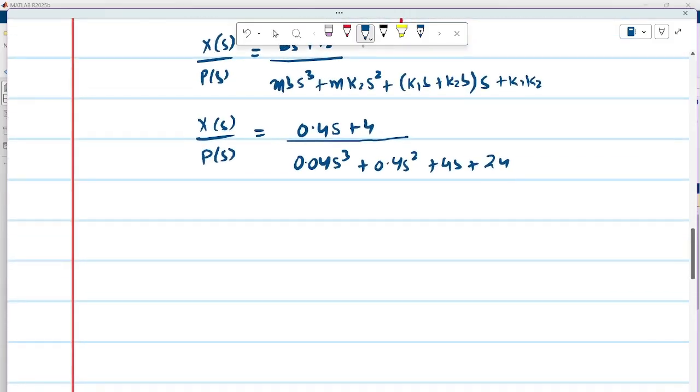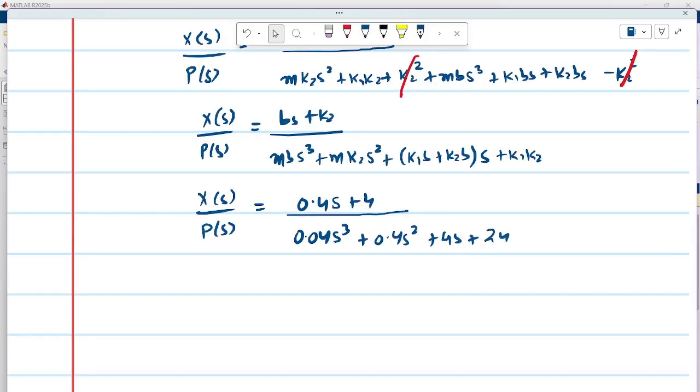So this is what you have here. You can take 0.4 as common, or you can simplify it further. So you can take the 0.04 as common from the denominator, X of s over P of s.